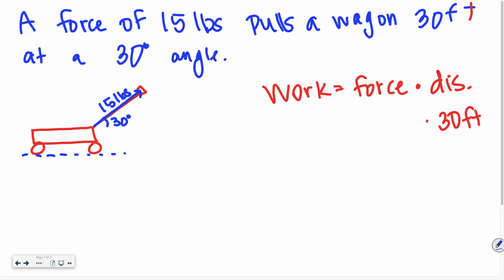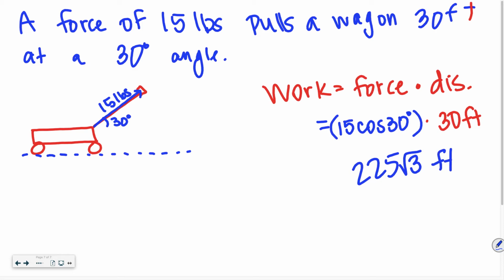It's moving horizontally. So the only component of force that's actually acting on this wagon is the horizontal component. How do we find the horizontal component of a vector? You take the cosine times its magnitude. So we're going to take 15 times the cosine of 30 to give us the horizontal force, the only one acting on it since it's moving horizontally, multiplied by 30 feet.